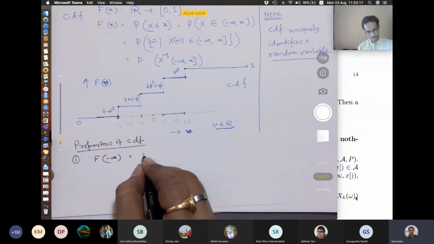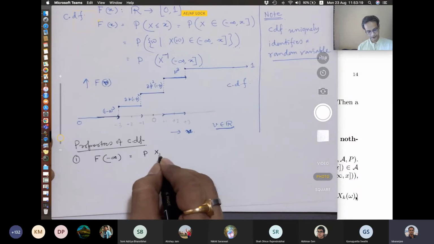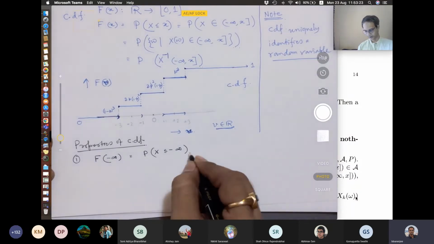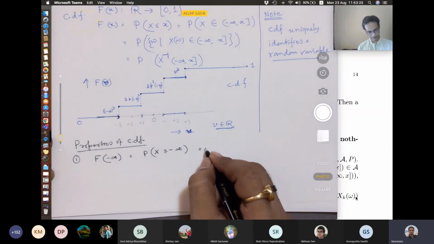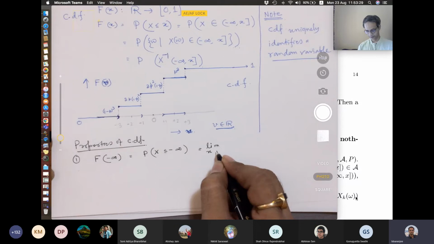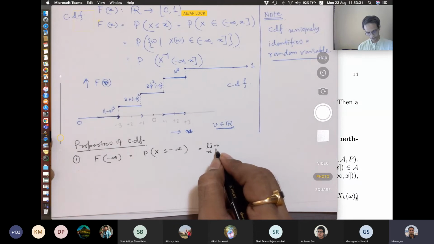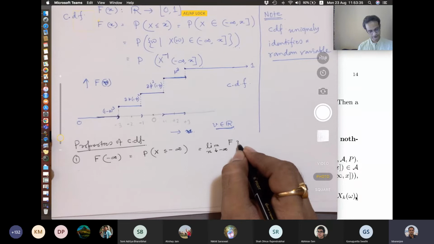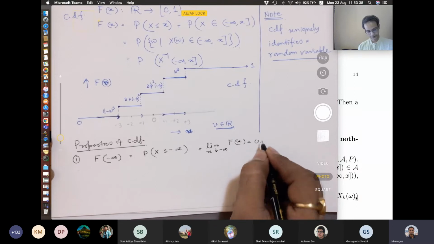What does it mean? It is the probability that X is less than or equal to minus infinity, and that is also in the sense that the limit as x goes to minus infinity of F(x) is 0, which you already know.